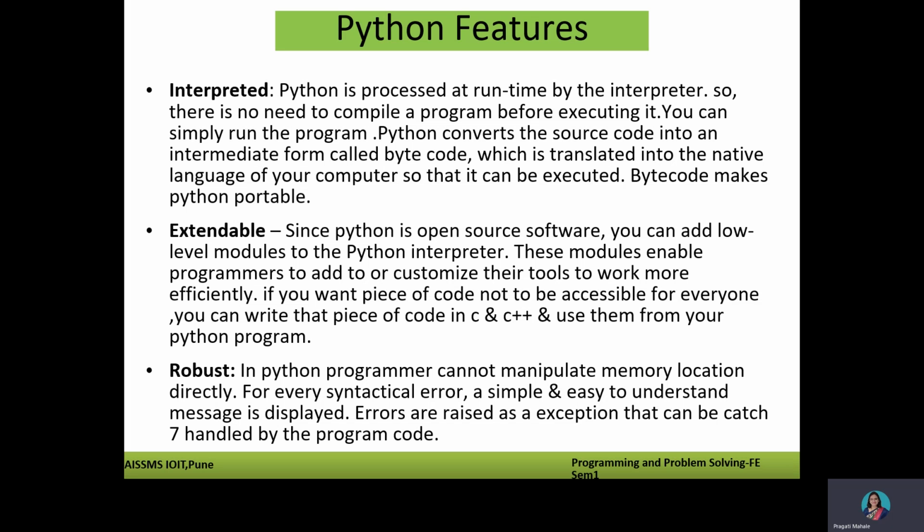So here the interpreter is used as a translator from the high level source code written in Python to the machine level code which is ready to be executed by the CPU.